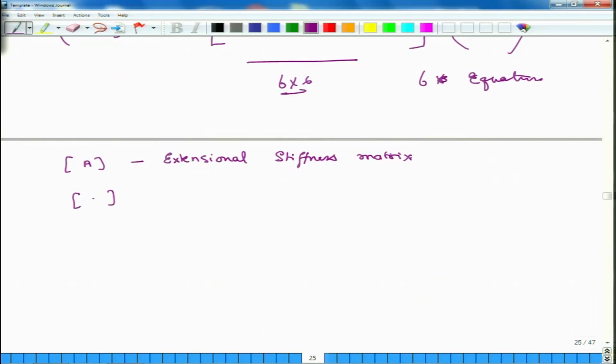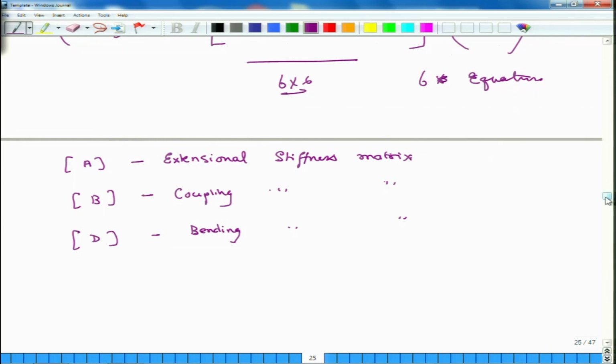The B matrix is called bending, no I am sorry, it is called the coupling stiffness matrix, and the D matrix is called the bending stiffness matrix.